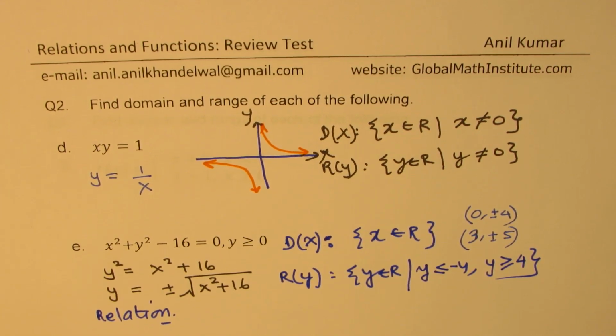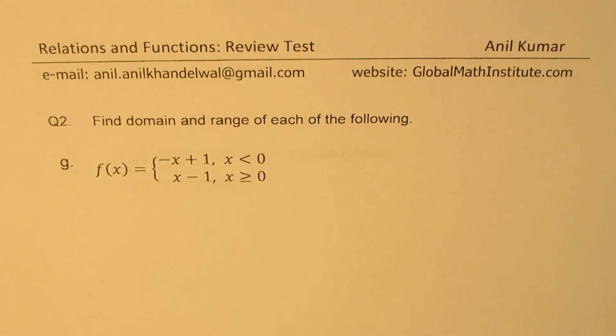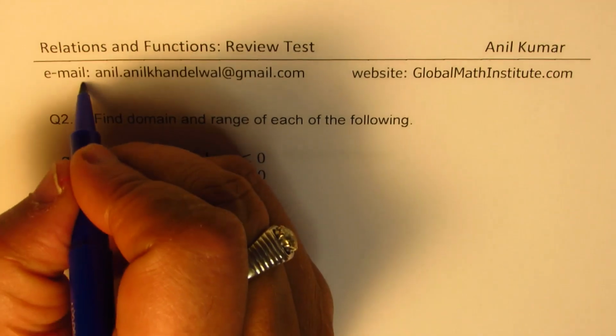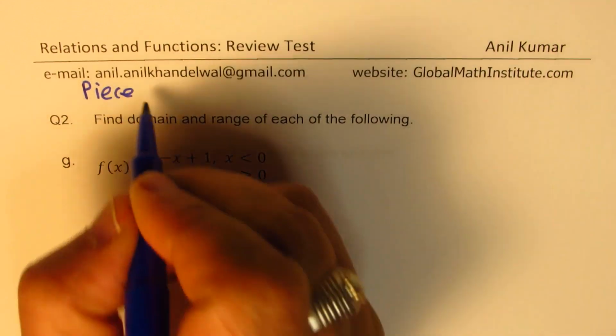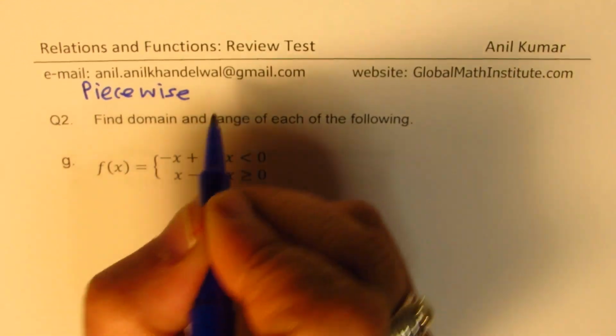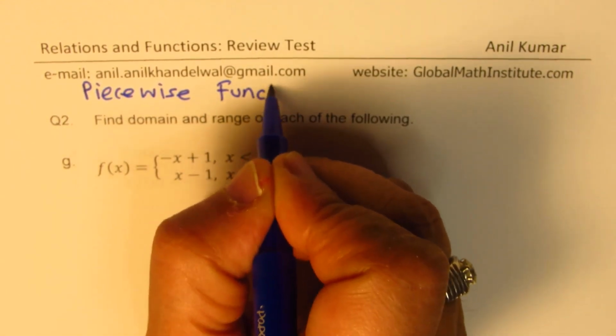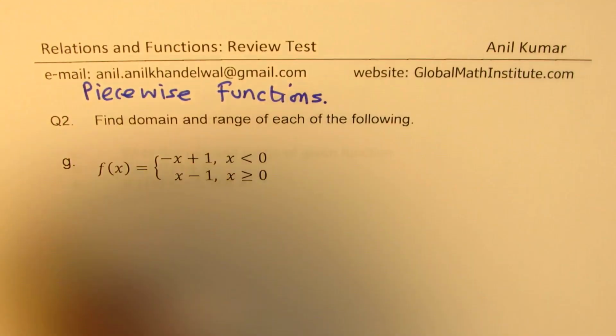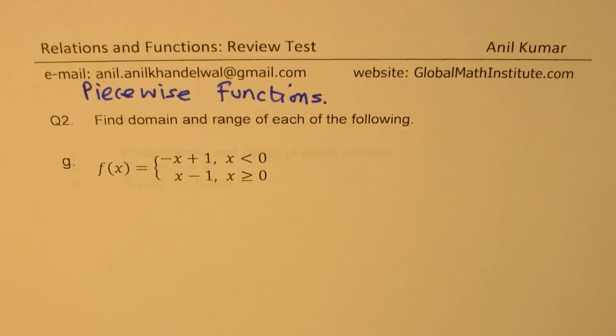Now let's take the next question, which is a piecewise function. So once again, let's treat a piecewise function. For some students, piecewise functions are really tricky. And it is indeed, right? It is different from last time. It looks similar.